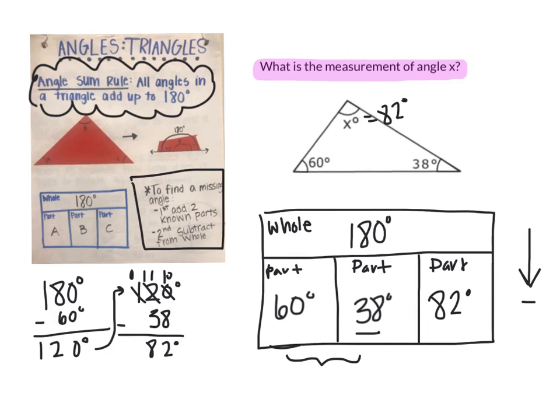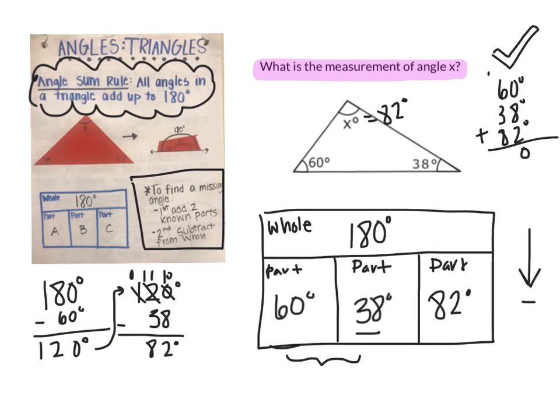Okay, last thing that we can do is check our work by adding up all three parts and making sure they equal 180 degrees. So this is just to check our work. I've got 60 plus 38 plus 82. 8 plus 2 is 10. 6 plus 3 plus 1 is 10.